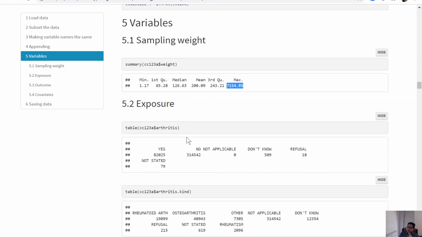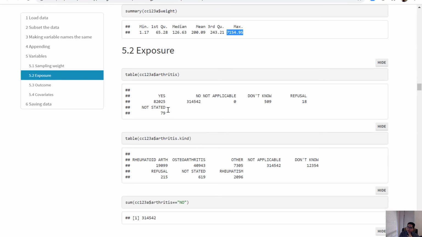Alright, we need to think about creating the exposure variable. In terms of the exposure variable, there are two variables here. We are particularly interested in whether a person has osteoarthritis or not. And what does not applicable mean? Not applicable means that at first they were asked whether you have arthritis or not, and then they were asked, if you have arthritis, what kind of arthritis.